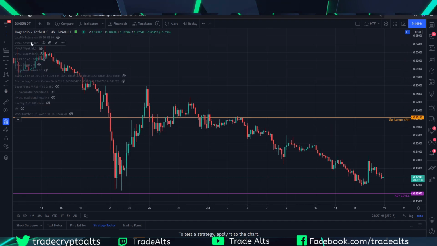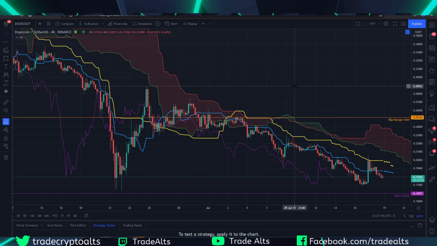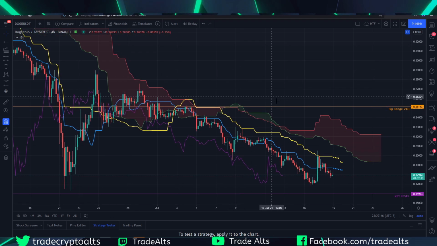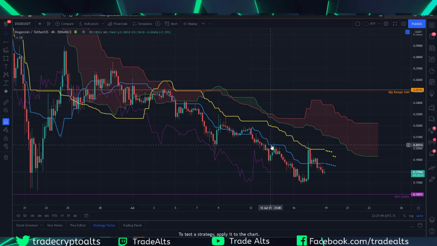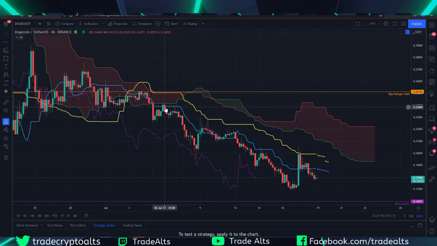If I put on Ichimoku here, just curious, I'm sure it's bearish. It's really bearish. Wow, this is actually interesting. Look at this, right? Basically you got your bearish TK cross, price exited cloud.